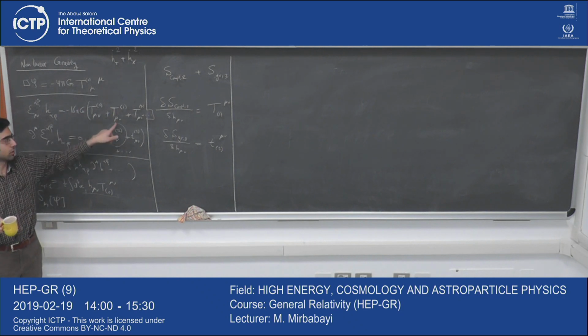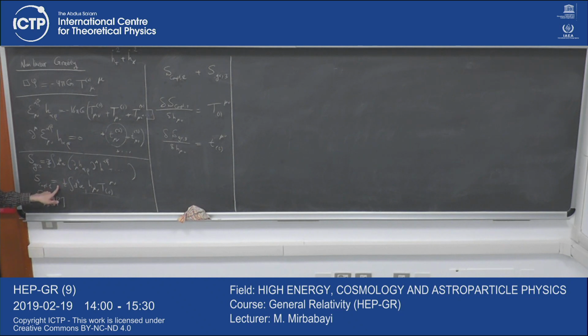But this T1 mu nu is the term that I derive from this coupling, which is linear in h mu nu, but it also contains matter fields. That's why I called it with the uppercase T, because it contains matter. But it's not a universal convention. You can call it whatever you like.